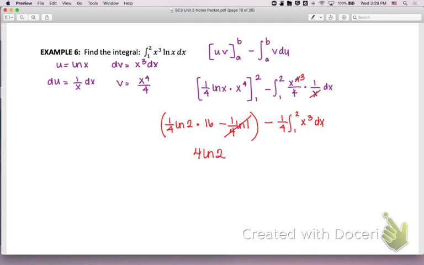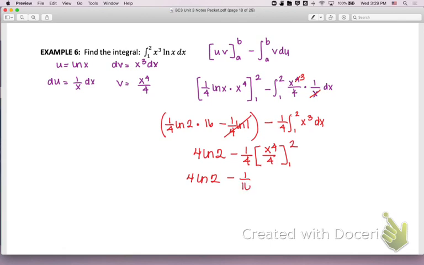And then over here, we now have 1/4 times x to the 4th over 4 from, again, 1 to 2. All right, so let's finish this out. 4 natural log 2 minus, actually, I'm going to go ahead and pull out the 1/4 that's inside.